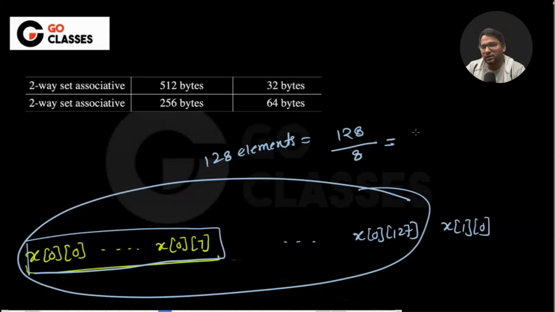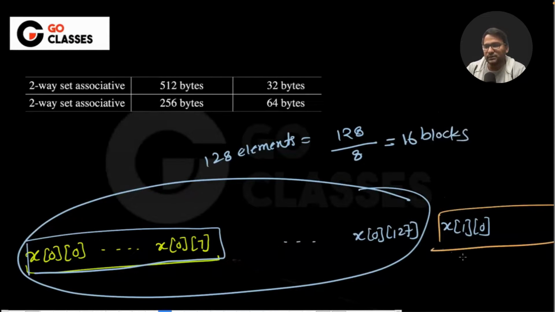So basically it is 2 power 7 divided by 2 power 3, which is 2 power 4, right? Which is 16. So you have 16 blocks till this point. Can you tell me the block number of this? It will be block number 16.